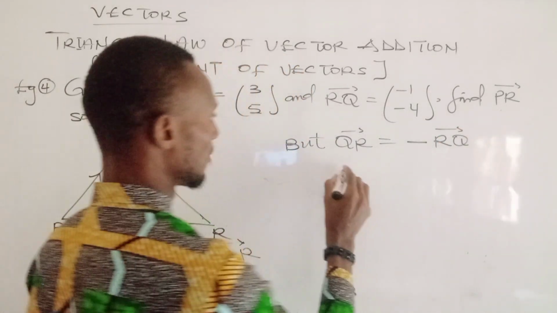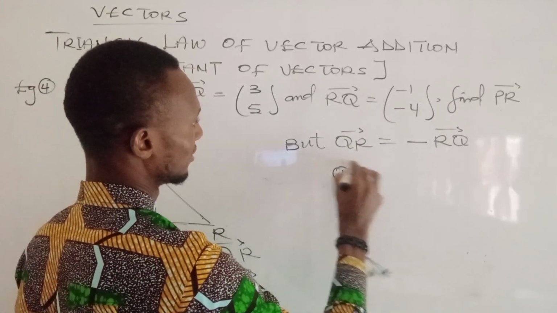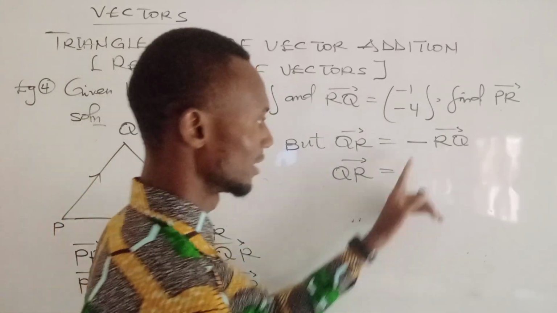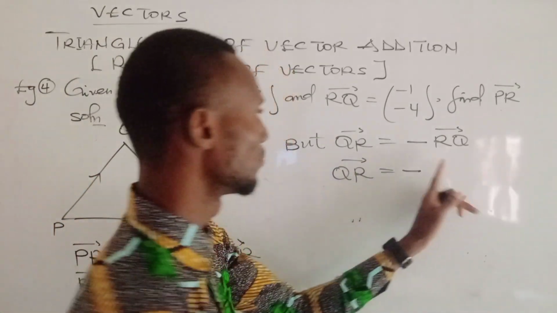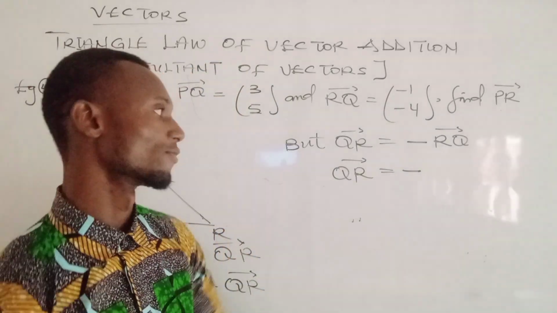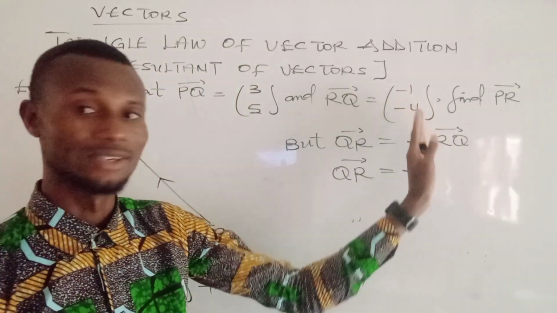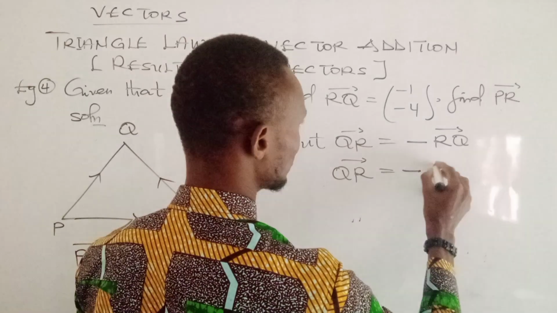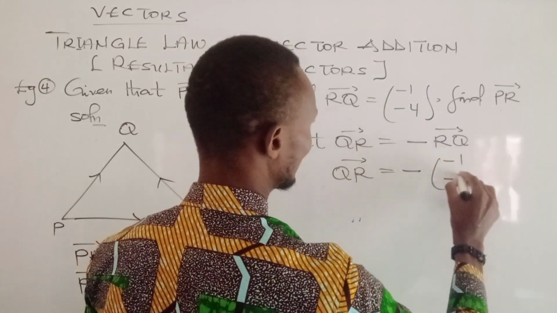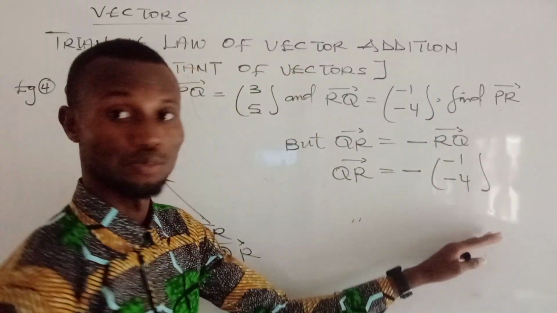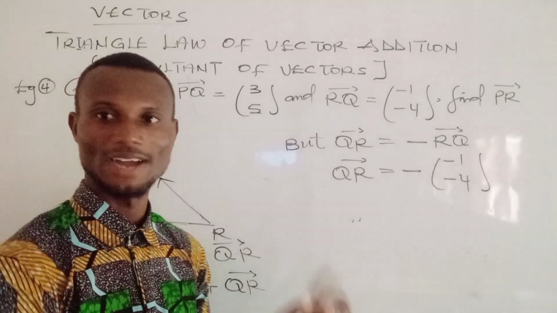Now I'm going to repeat my QR here, then bring my equal sign, then bring your negative, then put in the value of the RQ that you were given. The RQ was given to be -1, -4. So you put it there like this. Now let's simplify further.